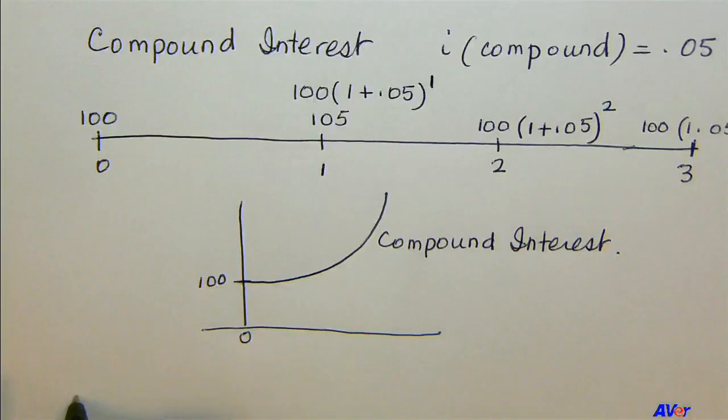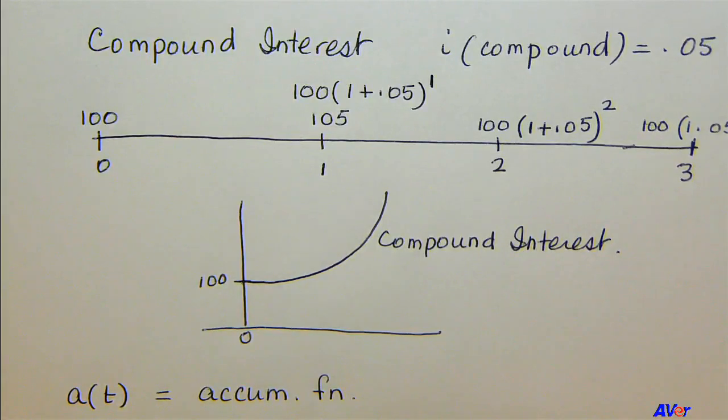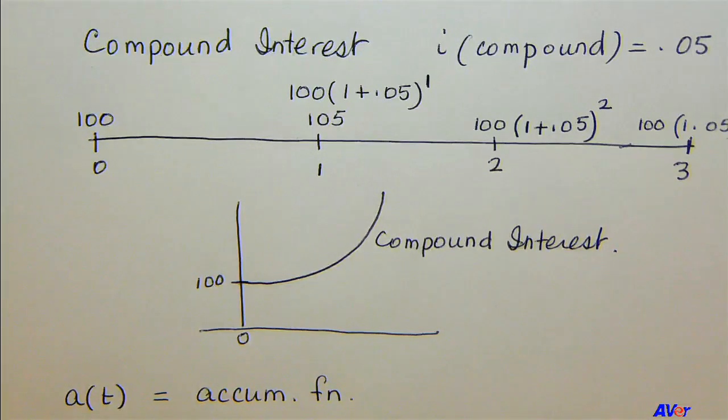A of t, little a of t, is the accumulation function, and it tells you how much $1 has accumulated to at the end of t years. So a of t for simple interest is given by what? I'm starting with $1. I would like to know how much money I have at the end of t years. Can you give me a formula, please?